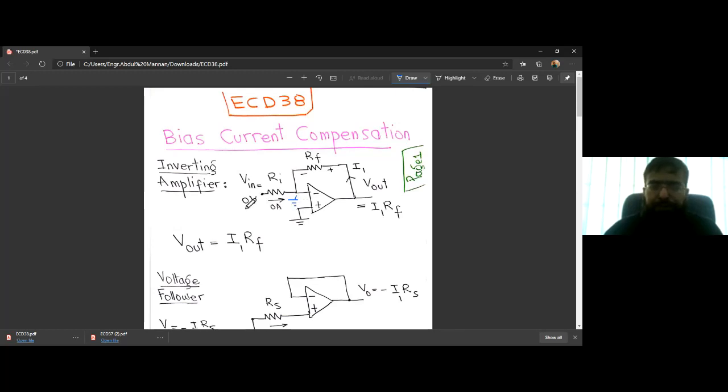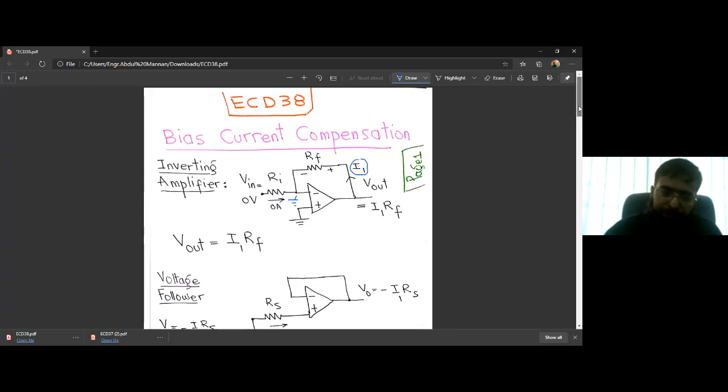But due to mismatch of transistors, there is a small output voltage, the error output voltage, which causes a current to flow through RF, and we have this resulting Vout at the output. So this Vout is due to this bias current I1, which is not desired. It's an undesired current, right?